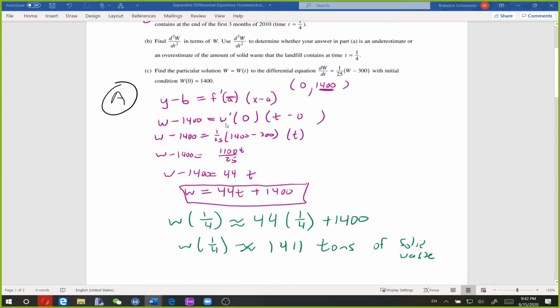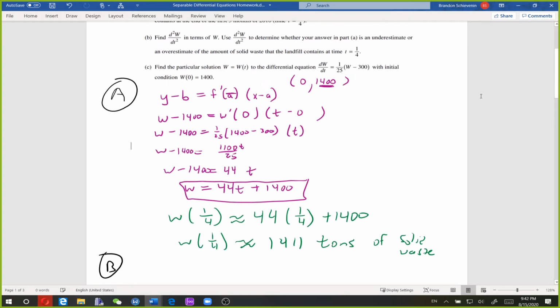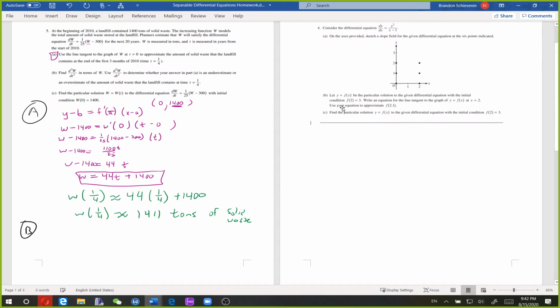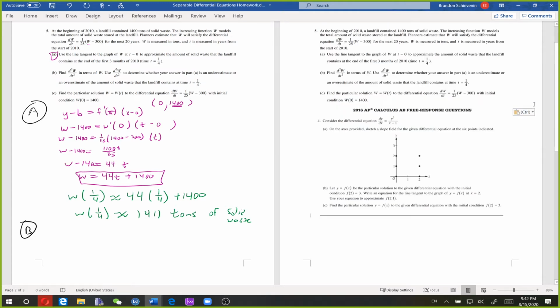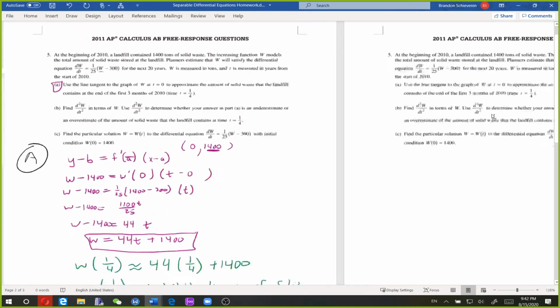Jump down here. I'm going to give us a bunch more space on the next page, because I'm going to run out of room.